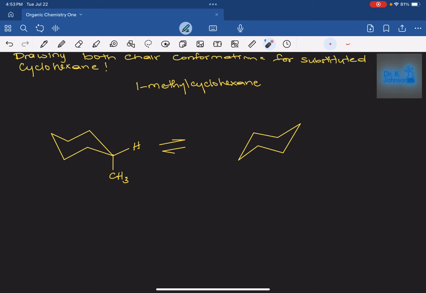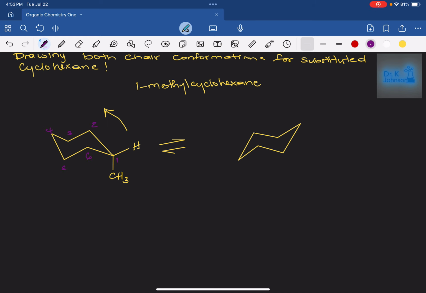Your nose is here, but what happens to the nose over here? Notice it's now pointing up. It moved from here up to here, so the chair is rotating in this direction. Let's number these carbons: carbon 1, carbon 2, carbon 3, carbon 4, carbon 5, carbon 6.